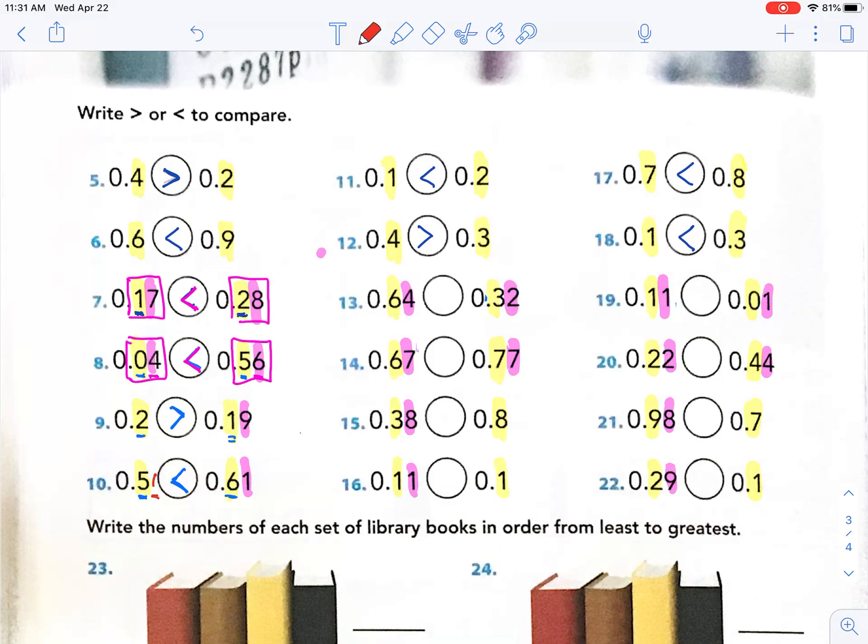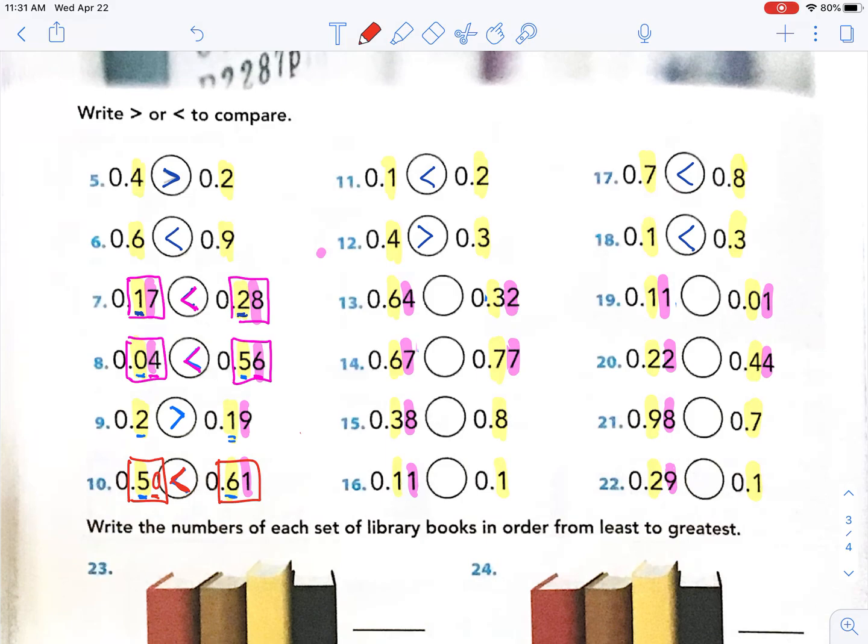Well, if there's not one there, put in 0. Like if I had 5 dimes and 0 pennies, it shows that I have 0 hundredths. So let's look at that in terms of hundredths. If I have 50 hundredths or 61 hundredths, what's greater? 50 cents or 61 cents? The answer is still the same.